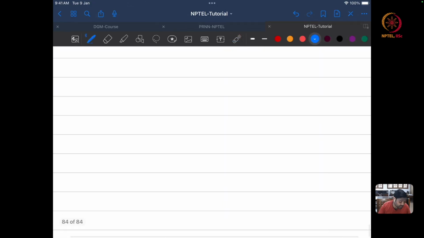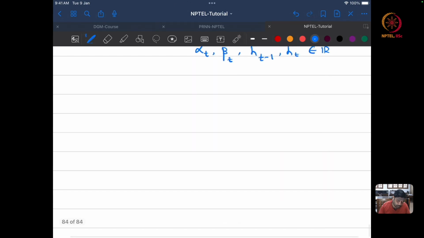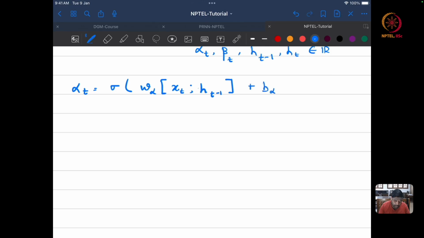Now the way in which we obtain this alpha_t is some activation function of some weights W_alpha for the concatenated input of x_t and h_(t-1), plus b_alpha.